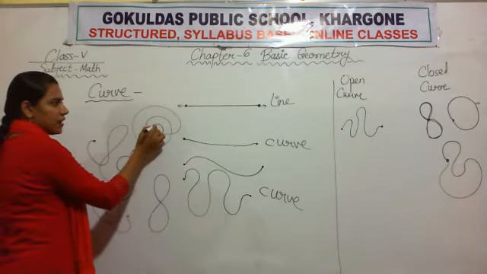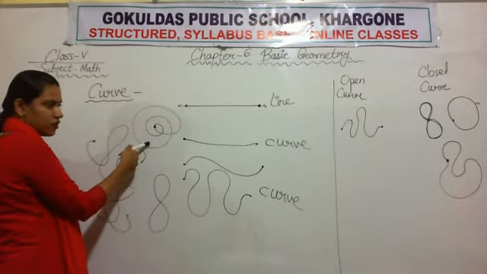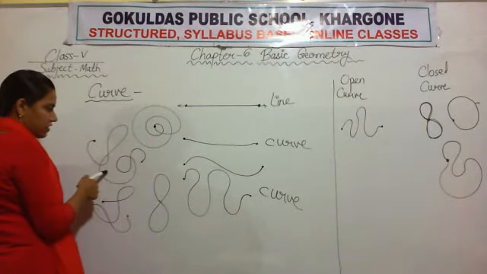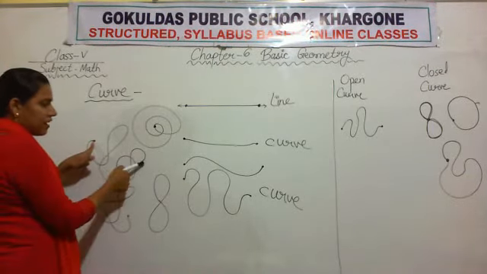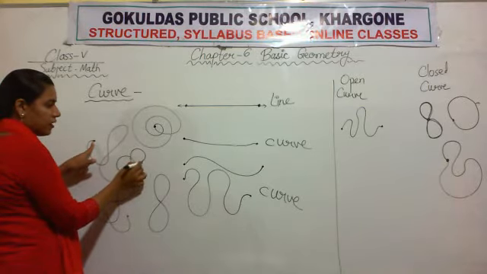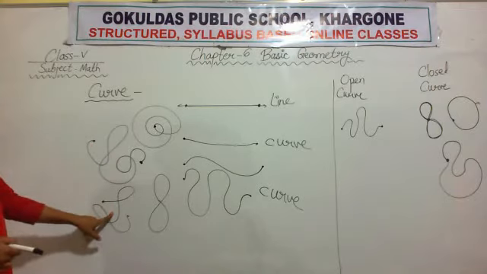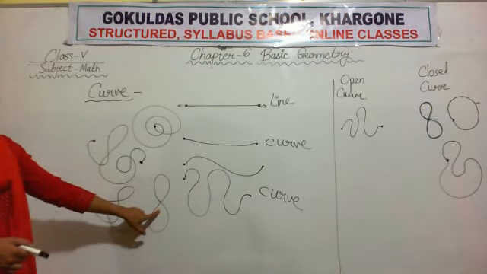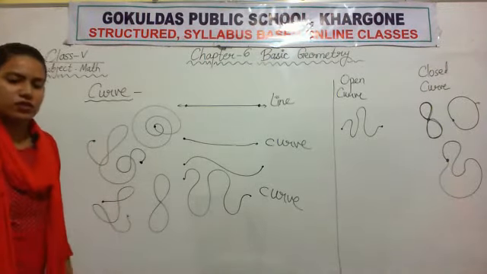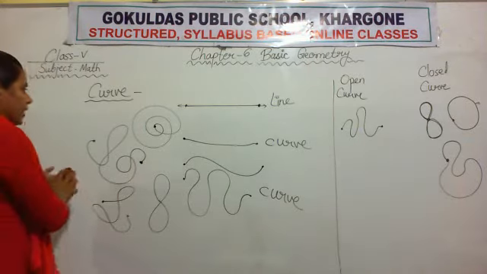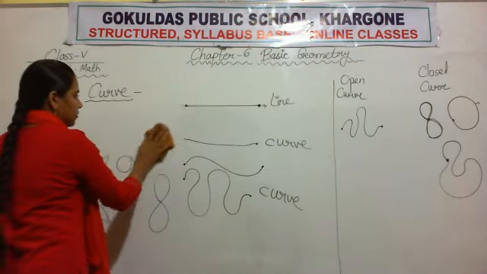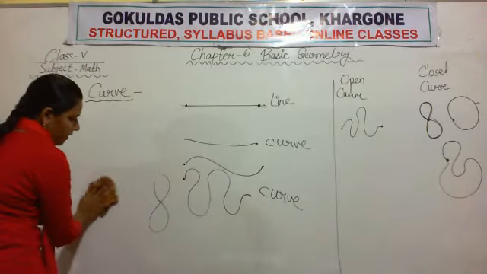This curve, it has same starting and ending point, so it is a closed curve. This curve, it has starting and ending point different, means it is an open curve. This curve is also open curve. This curve is a closed curve. Okay, so this is how we differentiate open and closed curve.